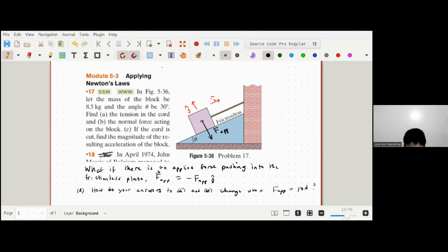So kung kanina, we're pushing down, pataas na. Like, pulling up. So pulling up na pag nag-negative. So tingnan mo uli yung equation at saka graph mo.